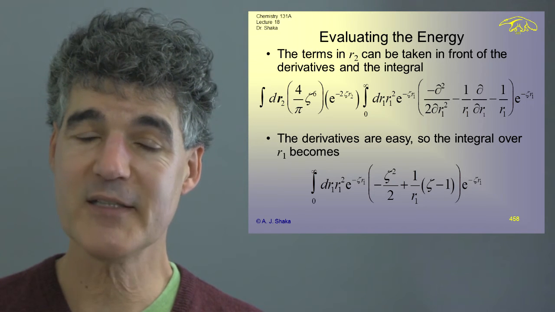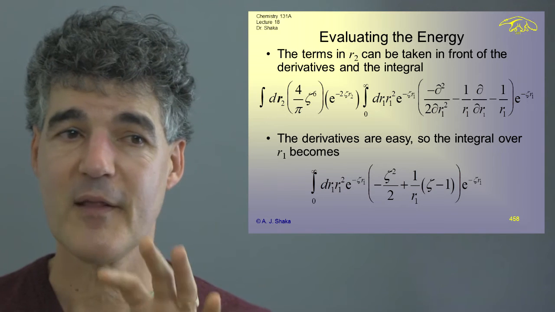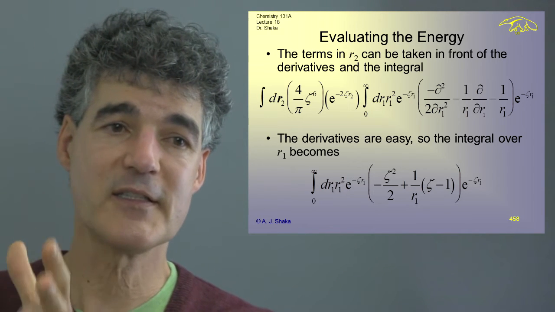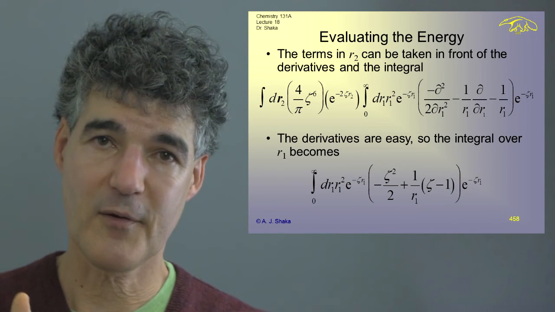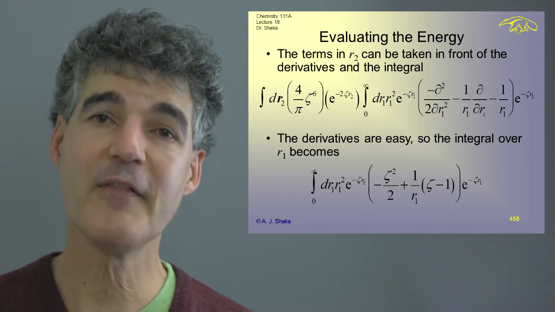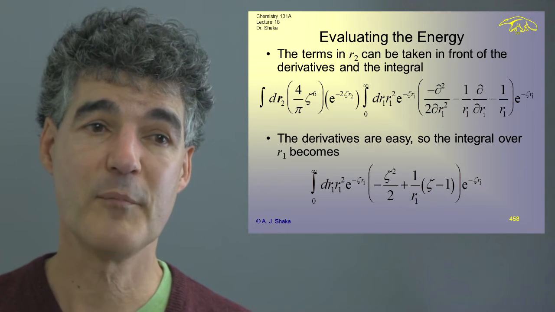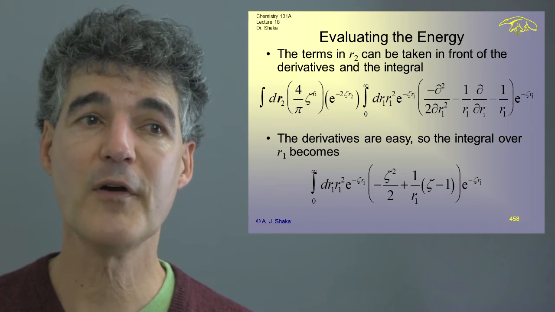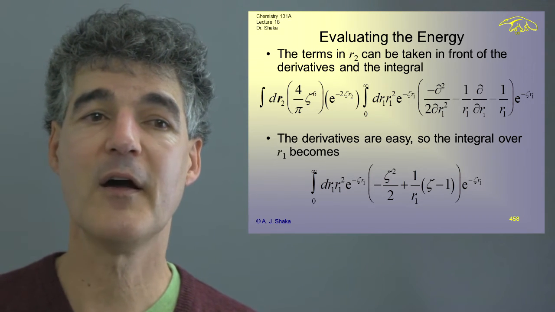Now this is pretty messy because I'm integrating with respect to r1. There's the wave function, and then there's this thing that's taking a lot of derivatives with respect to r1. And then there's the potential energy, which is minus 1 over r1 that I've put in there. So we've got all those three things in there, and then they're operating on the wave function.